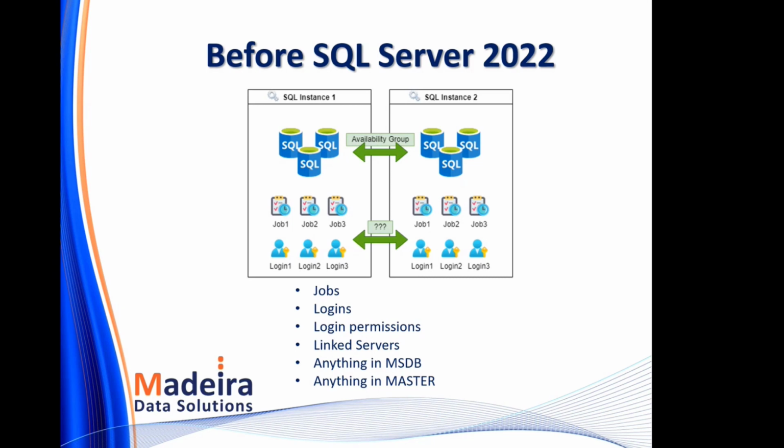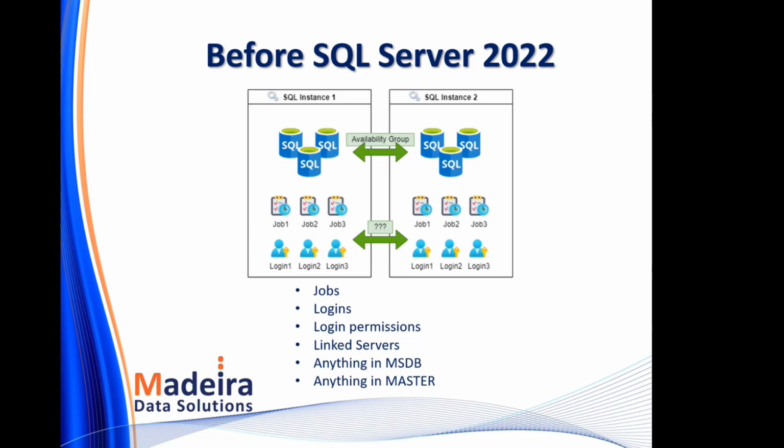It is an issue, especially if you have a DR environment, which could be failed over at any time, and you need to make sure that your server level objects work not just on the primary replica, but also on the secondary replica at the moment of the failover. Let's say you have a login which is used on the primary instance, but doesn't exist on the secondary instance. At the moment of failover, suddenly the applications stop working because they want to use this login, which is not recognized on the secondary replica.